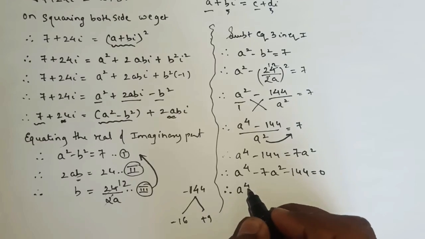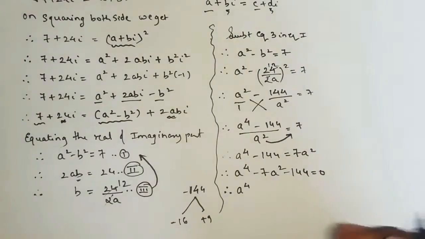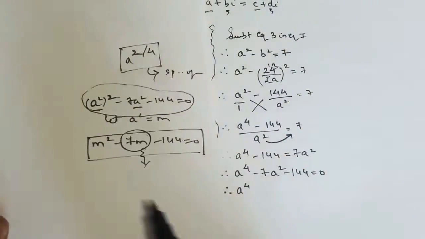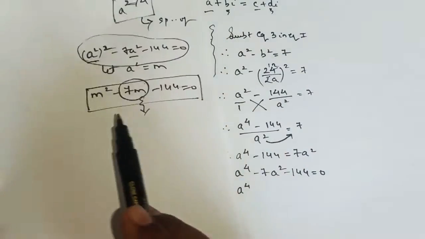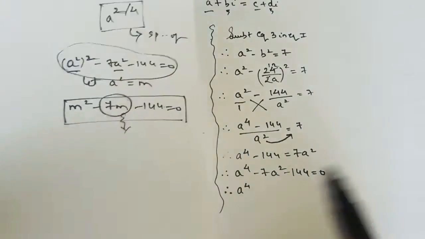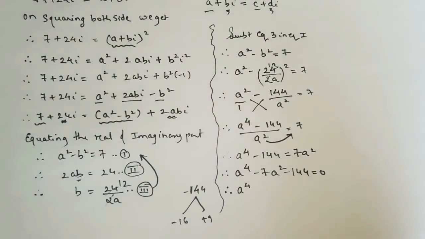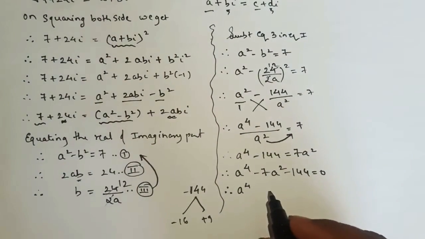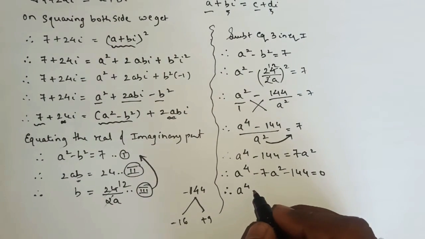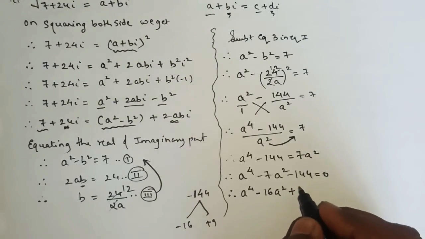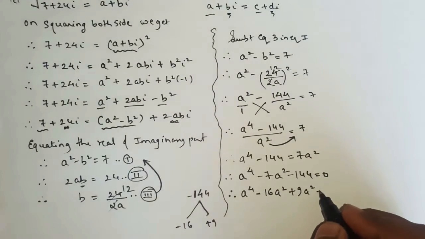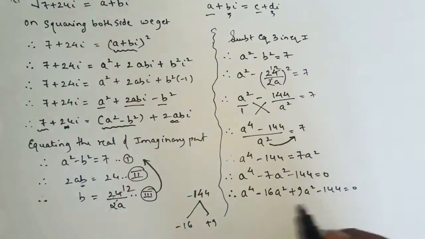As I told, simply by keeping a raised to 4 as it is, still we can find our answer. Okay, there is no need to convert this equation in a proper quadratic form and then find the answer. Without doing this process also we can find our answer of a. Okay, so here after this we can split this minus 7 as minus 16a square plus 9a square minus 144 equals 0.